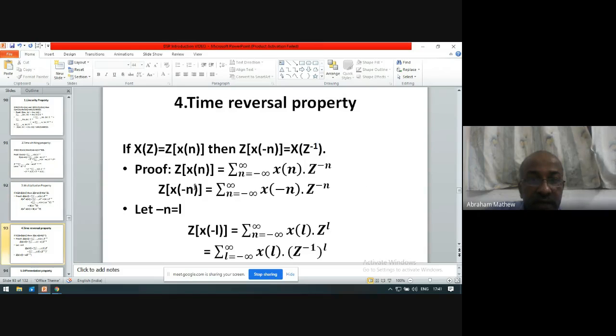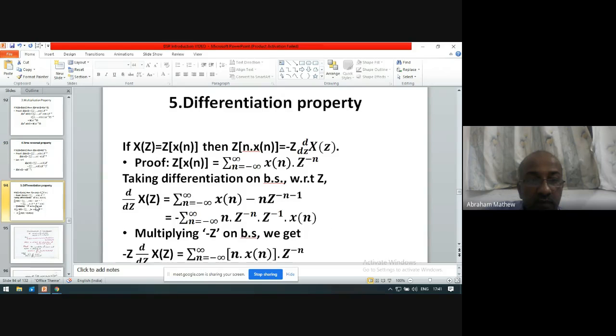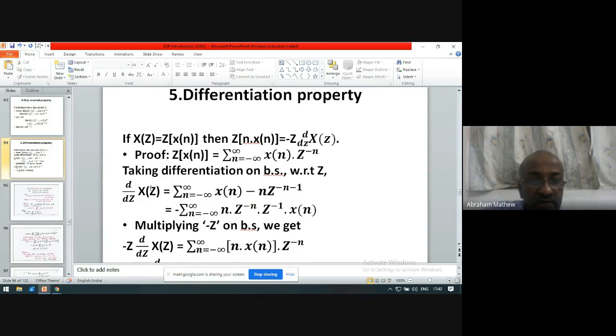Again, we have time reversal property of Z transform, which states that if x of z is equal to Z transform of x of n, then Z transform of x of minus n is equal to x of Z inverse. So we have come across different properties of Z transform.